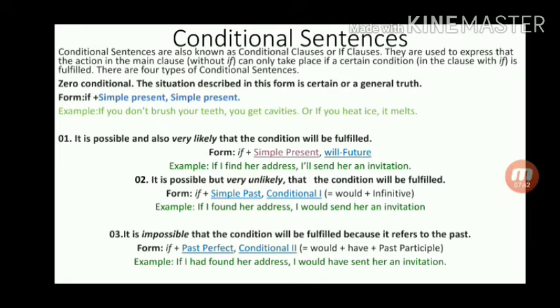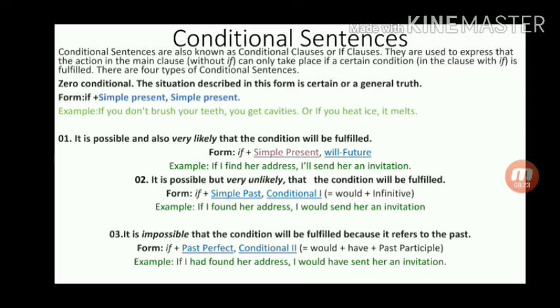The next one is called the second conditional. In the second conditional, it is possible but very unlikely that the condition will be fulfilled. It describes a sort of impossibility. The form of this type of conditional is if plus simple past.